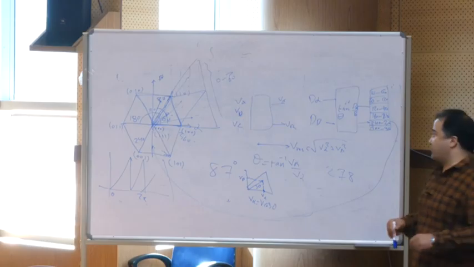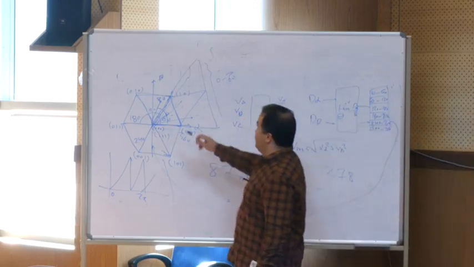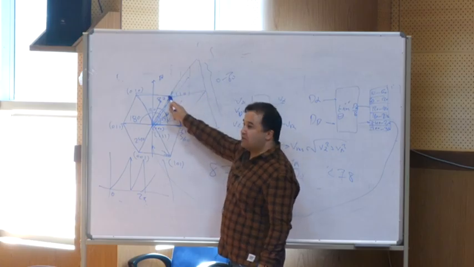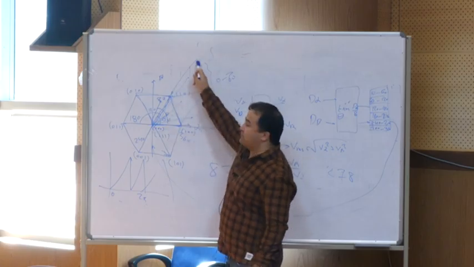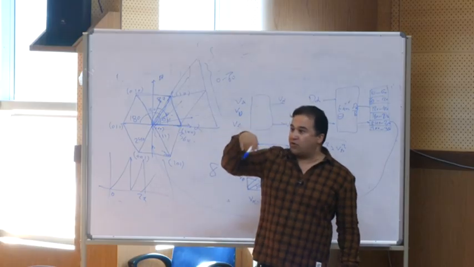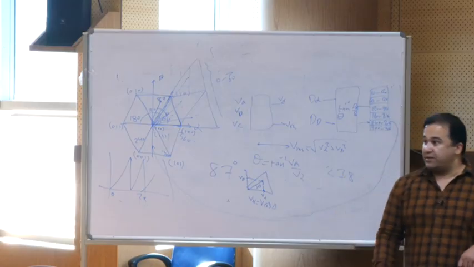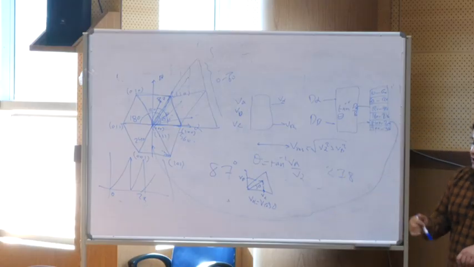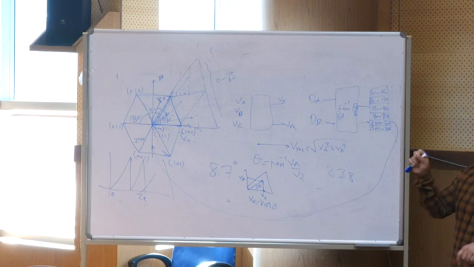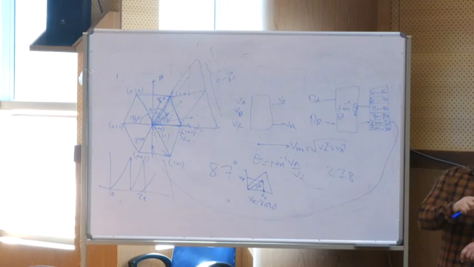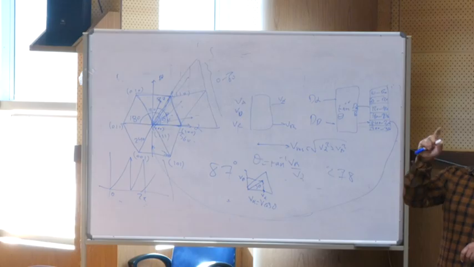If you see the vector is here, you can easily see how much time this one should be active, how much this one, and how the switches are active between the different legs. So you say my subsections are 0 to 60, 60 to 120, 120 to 180, 180 to 240, 300, 360.